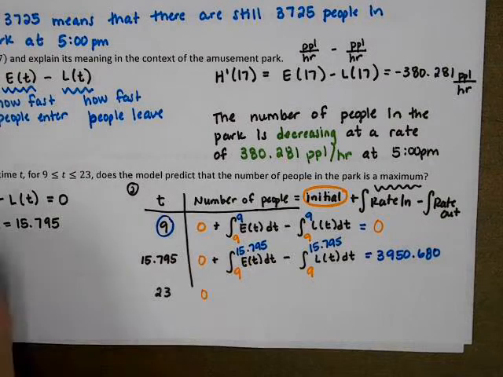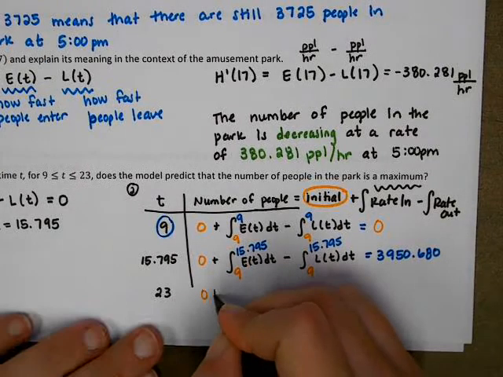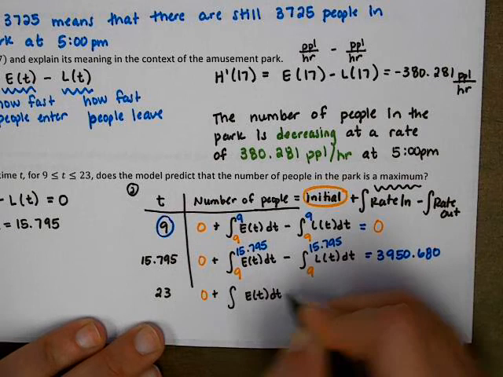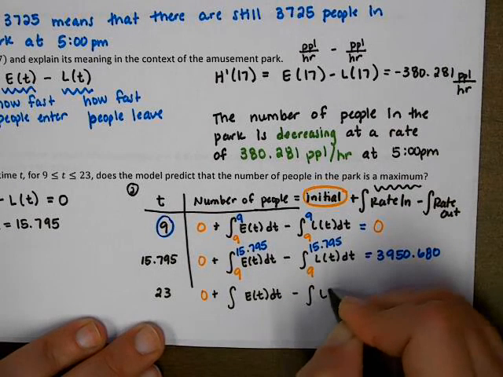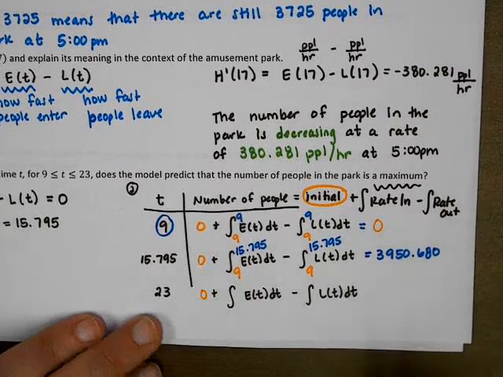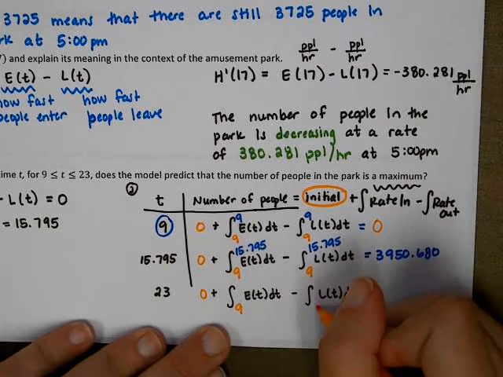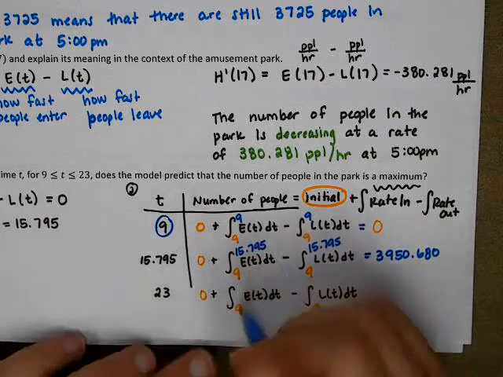And finally, I would do the same thing for 23. So initial plus the integral of the rate at which people come in, and the rate at which people go out, starting from 9 a.m., ending this time at 23.